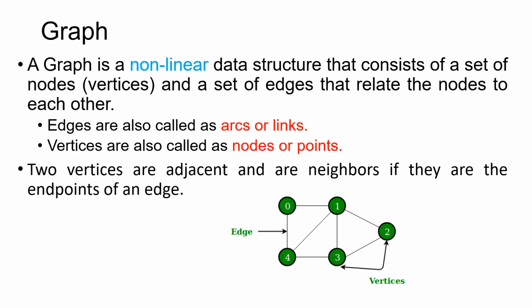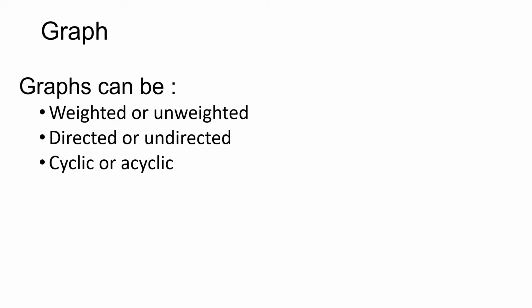Two vertices are said to be adjacent. So in this example, 0 and 1 are the two vertices which are adjacent, as they are the endpoints of the same edge. Graphs can be either weighted or unweighted, depending upon whether the cost or the weight for each edge is mentioned or not mentioned.